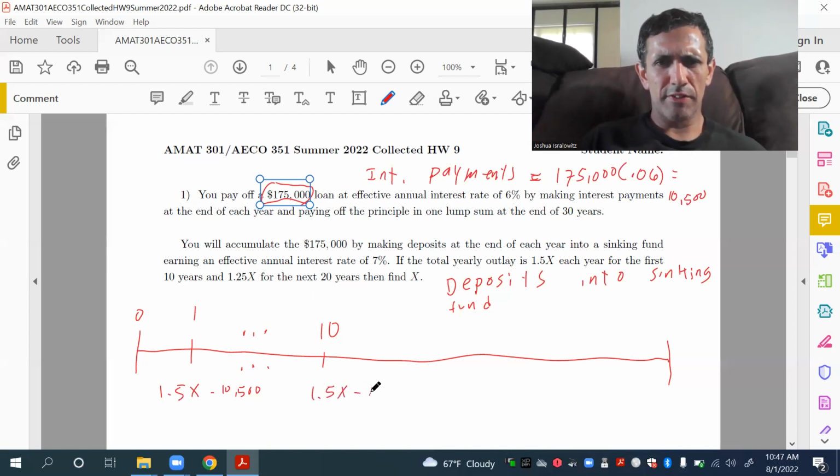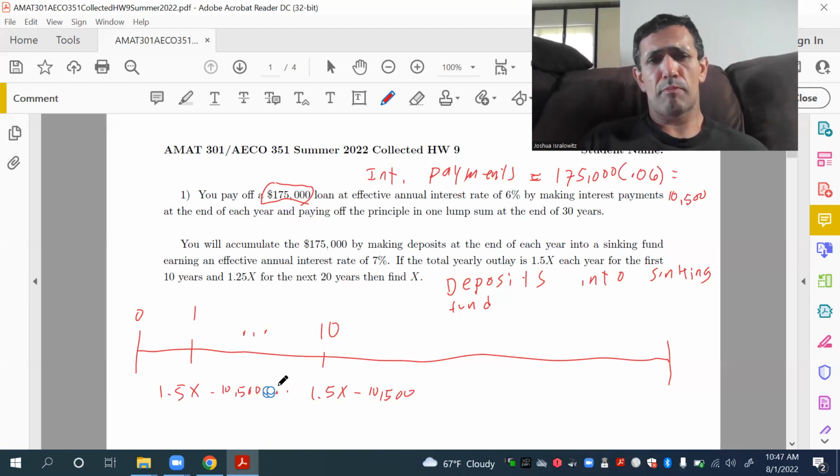So it's always a challenge to fit this on the time diagram. Anyway, and why does this make sense? Well, because what's the total outlay now for the first 10 years at the end of each year? Well, you have 1.5x minus 10,500 goes towards the sinking fund at the end of each year. Then you have 10,500 interest. So add them up, you get 1.5x. That's your total outlay for the first 10 years.